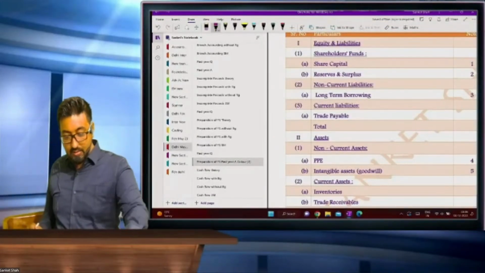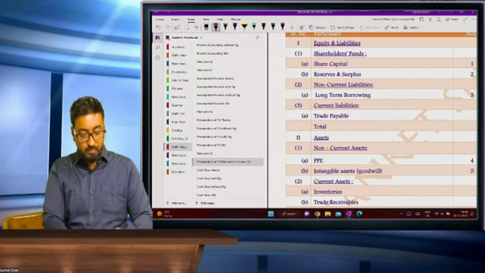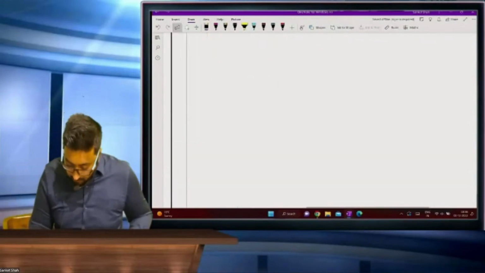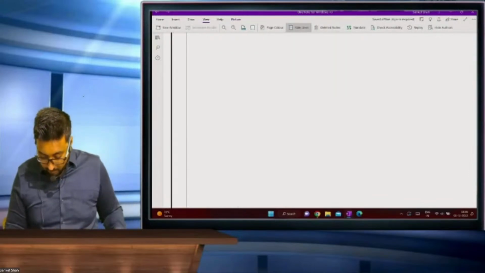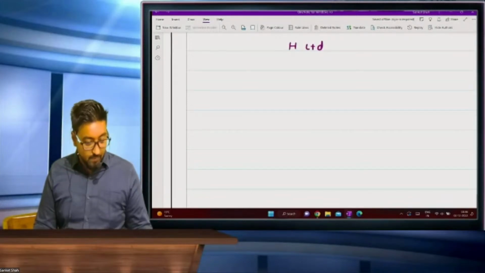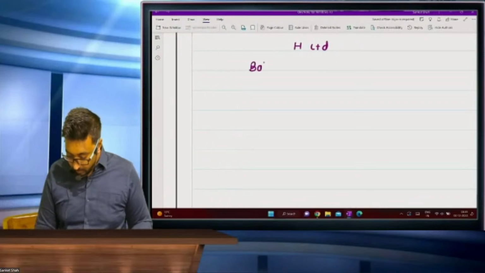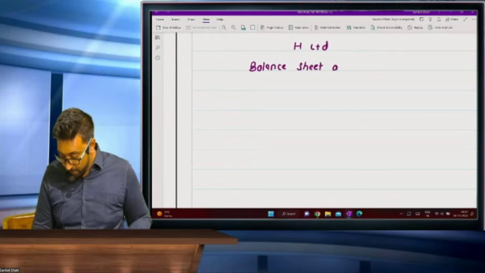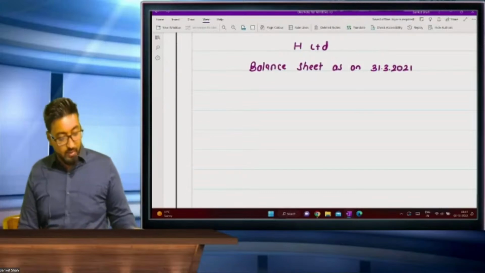We'll write it properly. H Limited, balance sheet as on 31st March 21.